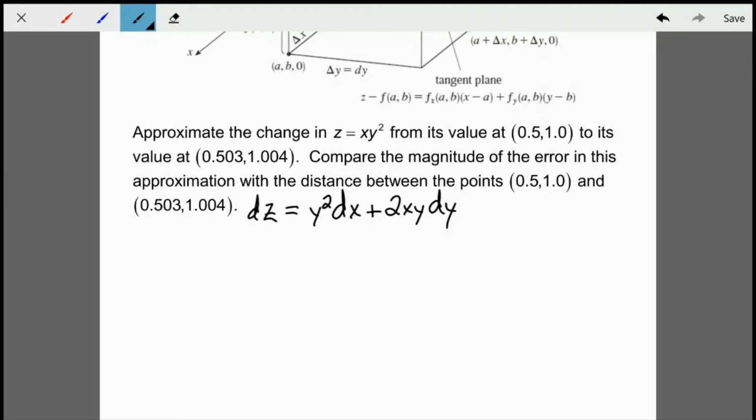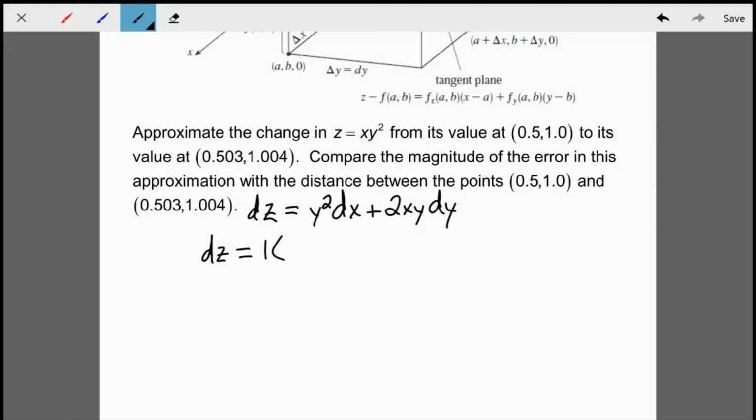So dz, when I use that point 0.503, 1.004, remember our change in z is going to be approximated by this. So our original y value was 1. The change in the x, we went from 0.5 to 0.503.